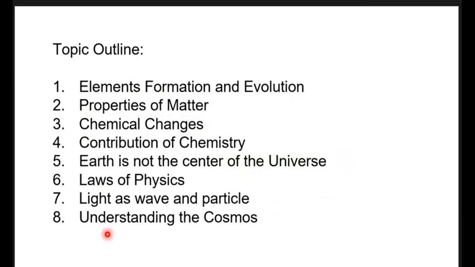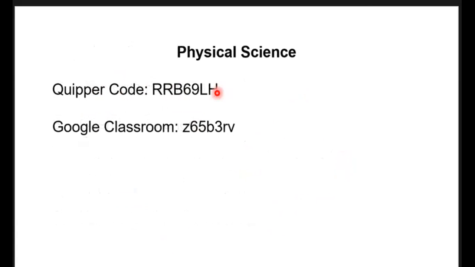These are the chapter titles of the topics that would be discussed in this subject. Please also kindly join your class in Quipper using this code, and the Google Classroom using this code.